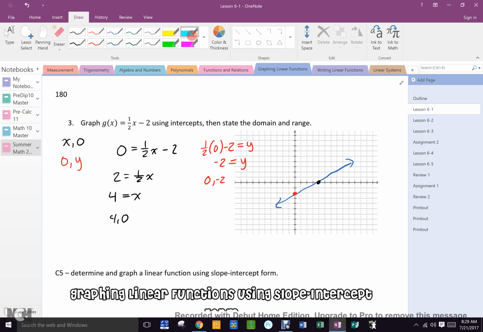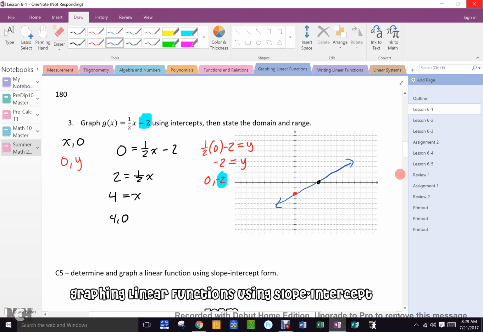Twice now, that value has been the y-intercept. Right? Because when x is 0, the x drops out, doesn't it? So keep that in your mind as we move along.